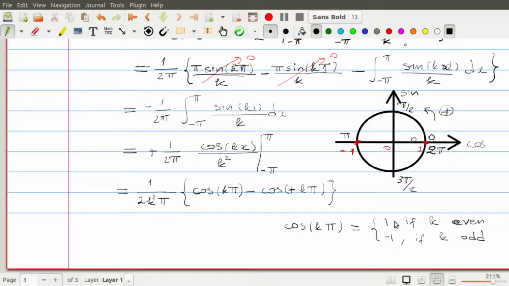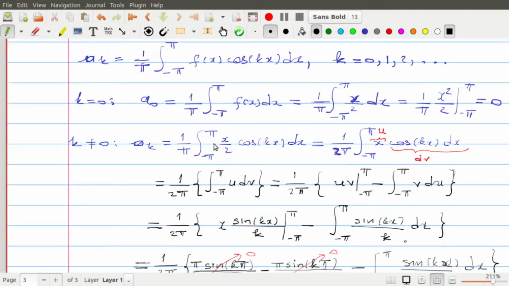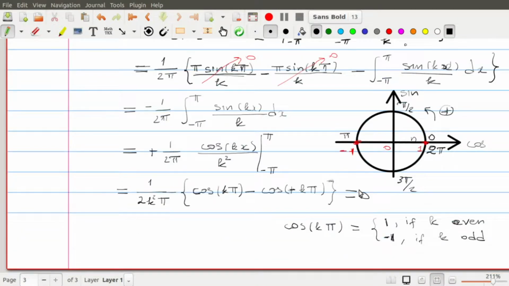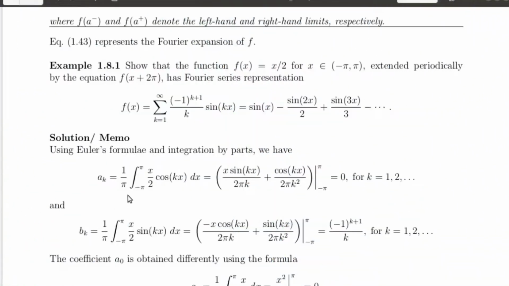This is something that you should bear in mind, and it's easy to remember using the trigonometric circle. So we conclude at this stage that ak will always be 0. We computed a0 and ak when k is different from 0. They all give us 0. Right. And that is exactly what we have in the slide.